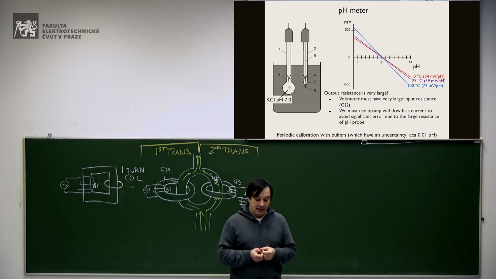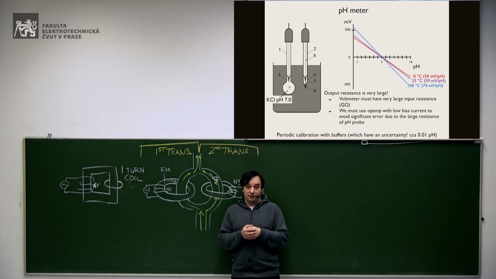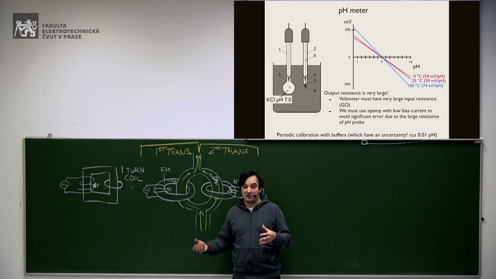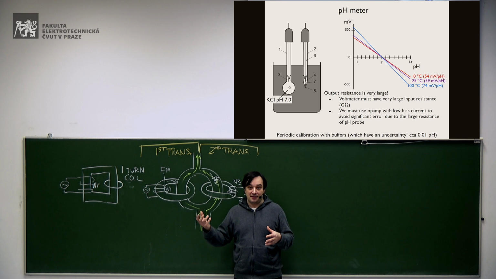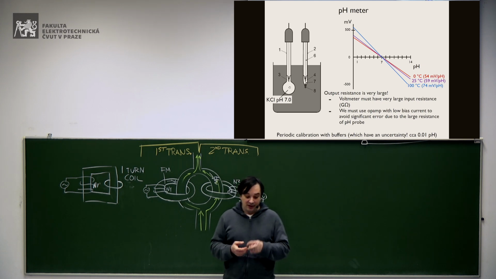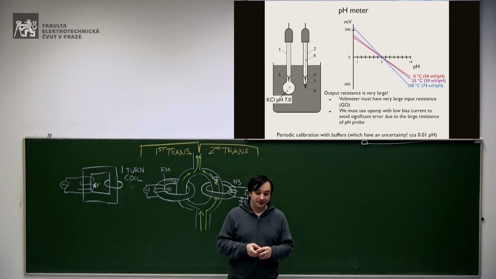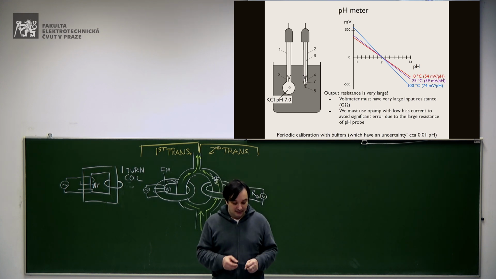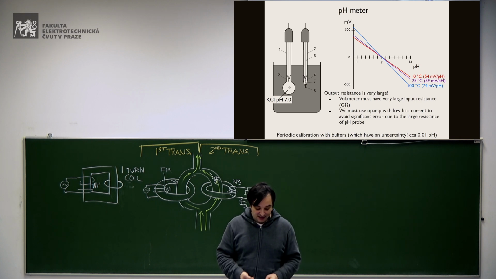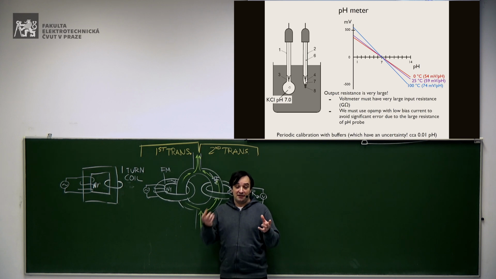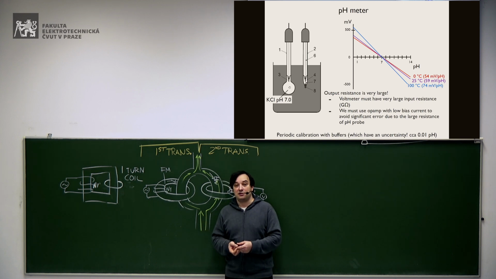And the difference of charges of these ions, where, for instance, if you are measuring something acidic or basic, you have more or less ions in the solution compared to the standard neutral pH 7 that you have inside the glass bulb. And therefore, if you have different amount of charges outside and inside, you have different charges, okay?